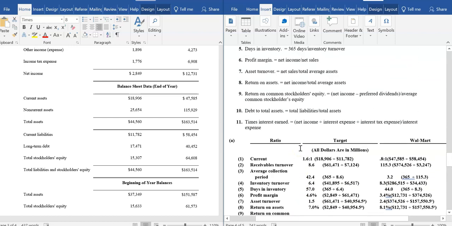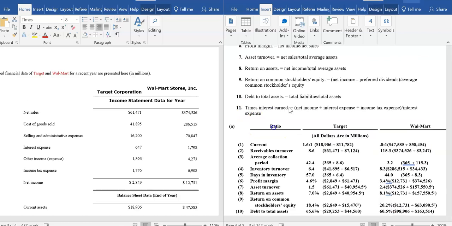Right, the final financial ratio helps us evaluate how well the company's interest costs are covered by their income. So really, the interest costs that they incur on borrowed funds, we want to make sure that their income is sufficiently covering those interest costs, which requires us to get net income before any interest or income tax expenses have been subtracted.